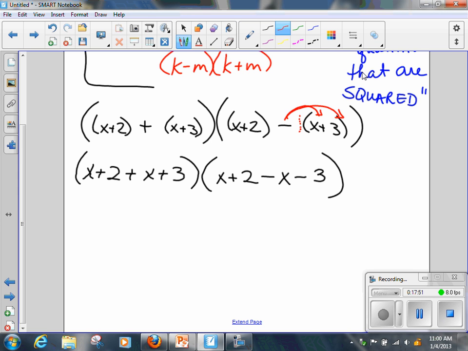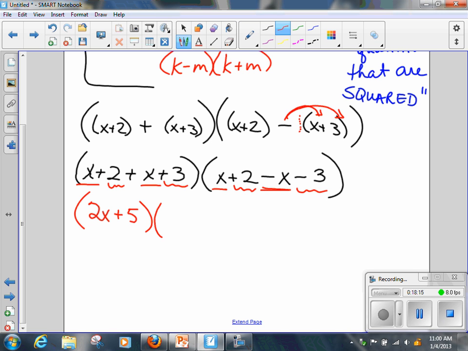Wow. How do you combine in the first parentheses? Combine like terms, folks. X and x is 2x. 2 plus 3 is 5. Would you agree, yes or no? All right. How about the next one? I got x and minus x, 2 and minus 3.